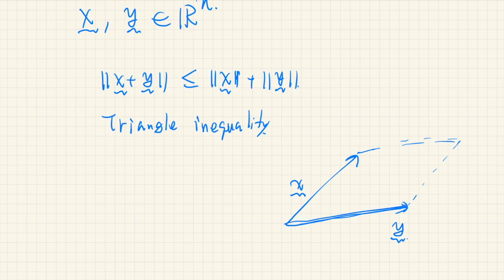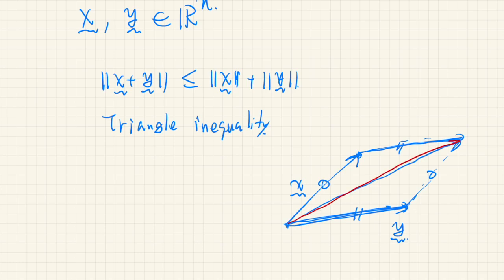So this y, let's move its source to the target of x, and then move the target of y accordingly. So this has the same length as this, and they are parallel to each other, and these are also parallel to each other. And the sum, x plus y, is this vector in the diagonal, this red one. Okay, so x plus y becomes this.